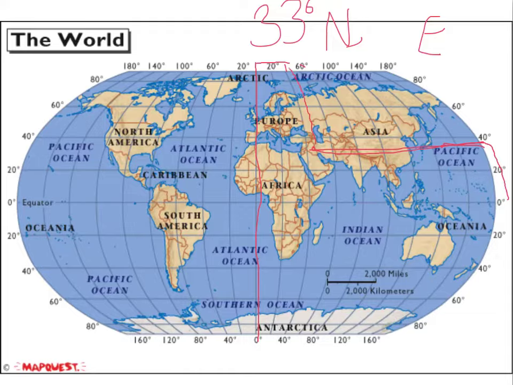Again, you can see it down here. It's probably three quarters of the way towards the 40 degree line rather than the 60 degree line east. So let's call this 45 degrees east. So Baghdad, Iraq is at 33 degrees north, 45 degrees east.